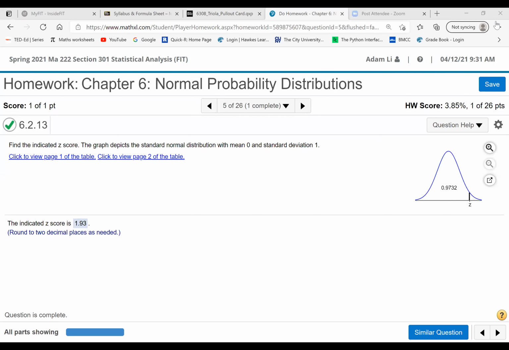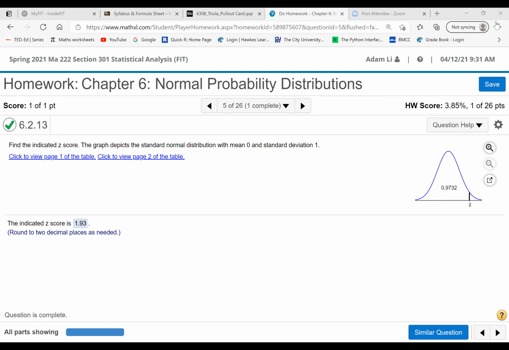Okay, so here you draw another bell curve. For this standard normal distribution, the standard normal curve, the z-score in the middle is 0.